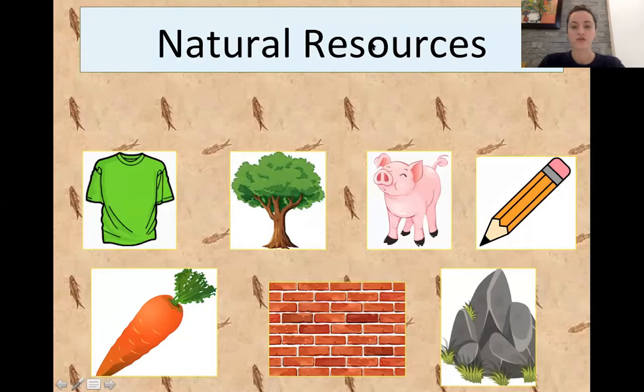All right, natural resources. Some of these are natural resources and some of them are not. I want everyone to circle what they think is a natural resource. Some of them are, some of them are not.